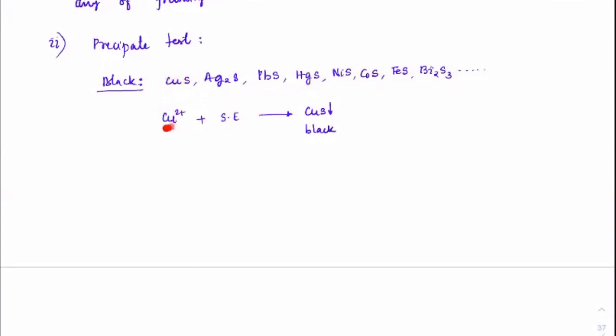I can take copper sulfate, silver nitrate, lead nitrate or lead sulfate, Hg2+ salts, anything, and add that to this sodium extract, and I should be able to get a black precipitate, which instantly confirms the presence of sulfur.